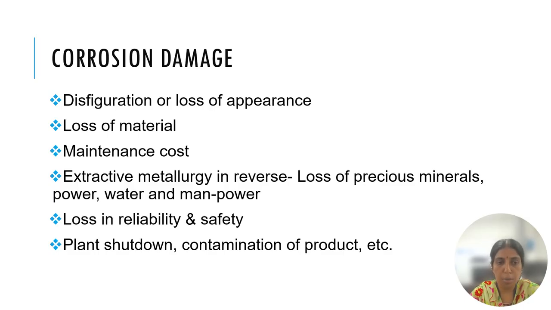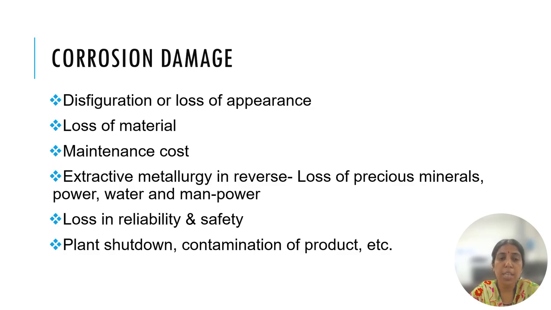Sometimes we have to put in a maintenance cost to save the material, or sometimes there is a loss in reliability and safety. Say you are using a pump or a pipeline in an industry, then there is a lot of uncertainty in predicting the safety.